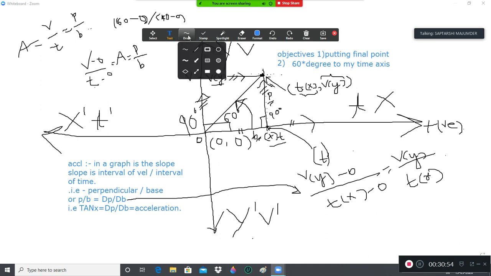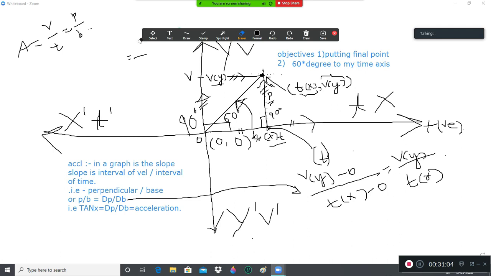So let me write tan theta. Tan theta is nothing but perpendicular by base, and that we are terming v by t, and that we are terming acceleration.